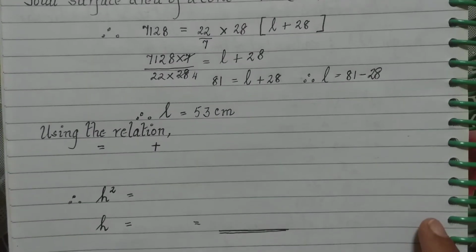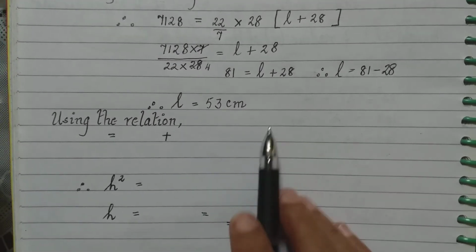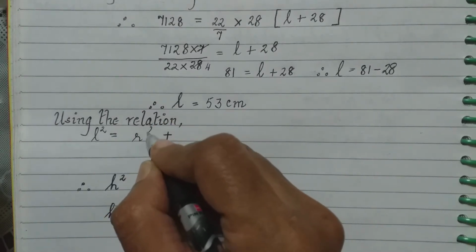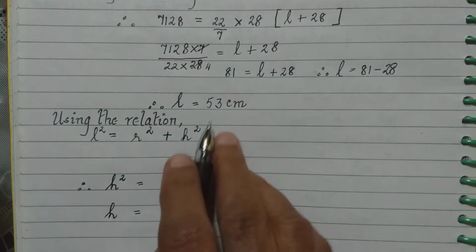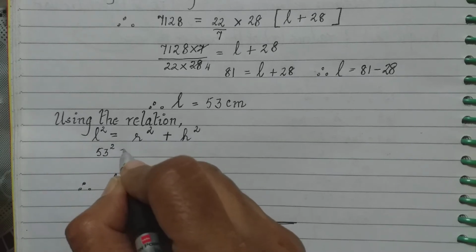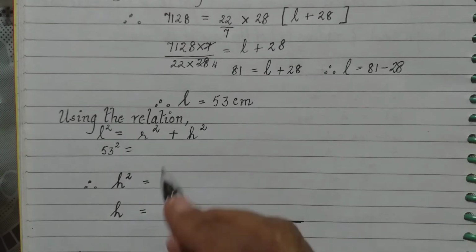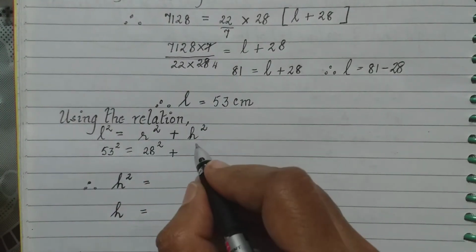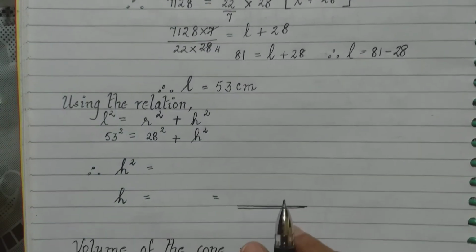So we have to use the relation between the perpendicular height, slant height and the radius of the cone, that is L square is equal to r square plus h square. Okay. L we found out as 53. So we write here 53 square is equal to r, we said here is 28. So we put the value here 28 square plus, we do not know h, we write h square. So now we put the values here.